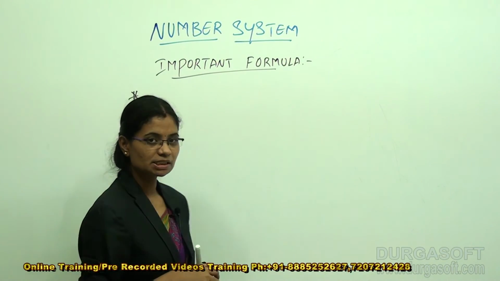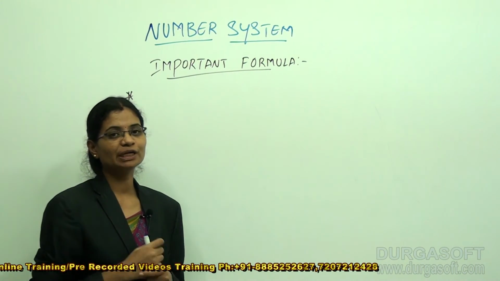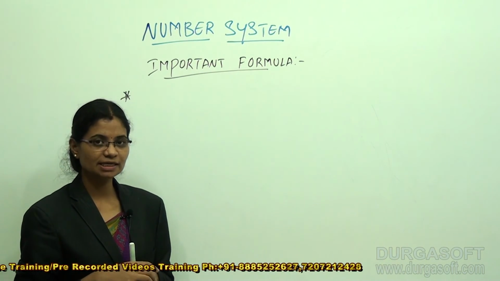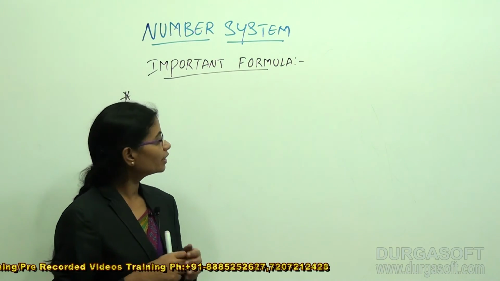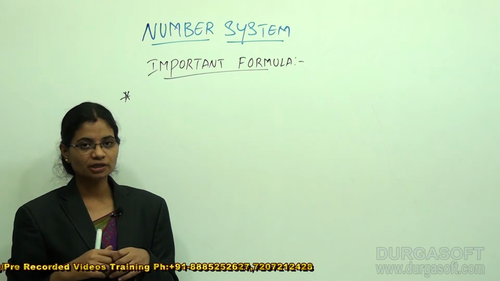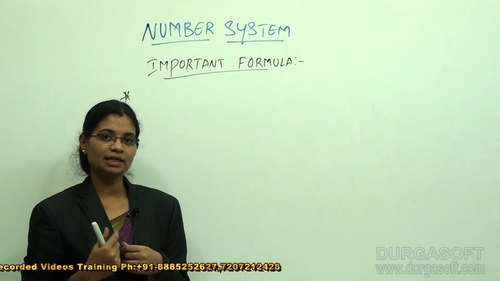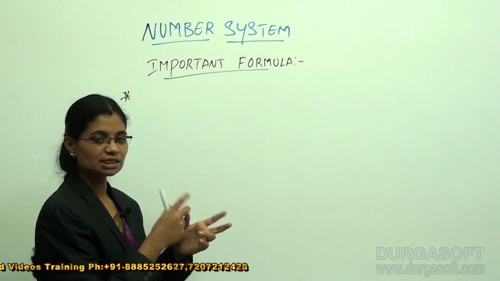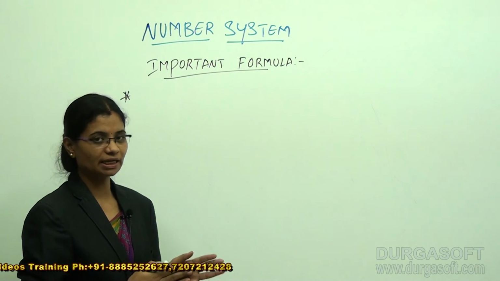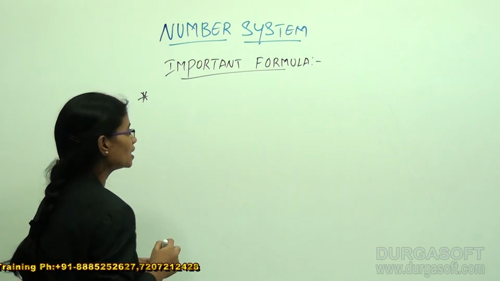In the number system, we have to go for some formulae because we will have big calculations, simplifications, or calculations. To avoid those big calculations, if we have a basic formula concept, we can apply that simple formula and get the answer. So let's see the important simple formulas.